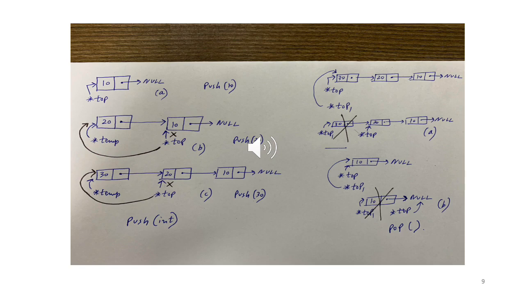That's what it shows in part B. Now top is not pointing to the node with 10, it's pointing to the node with 20. Likewise we can call push as many times, so calling it for a third time, data equal to 30. Is top equal to null? No, so the else part is executed. Reserve a block of memory capable of storing a node.